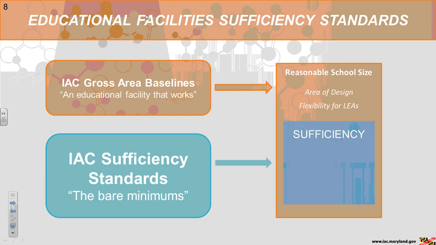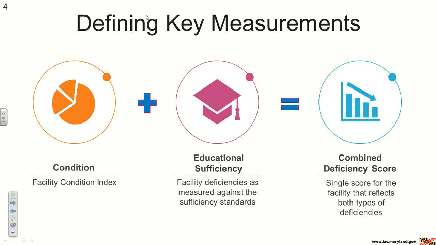We first measure FCI, described on slide number 4, which is the facility condition index, and second, the educational sufficiency deficiencies. We add to the value repairs or deficiency of the facility physical condition. Those two are added together and weighted to create the deficiency score.